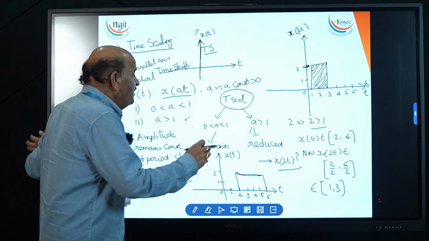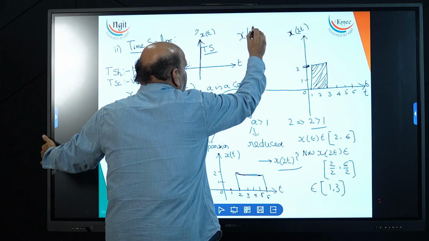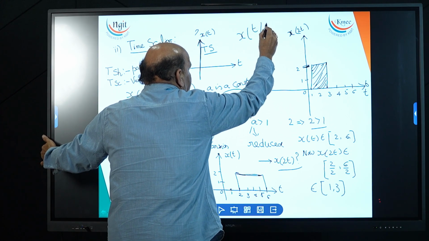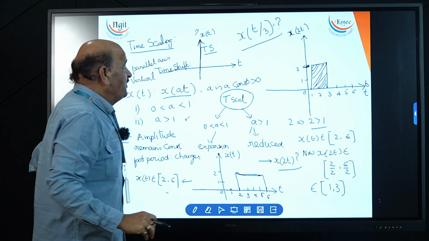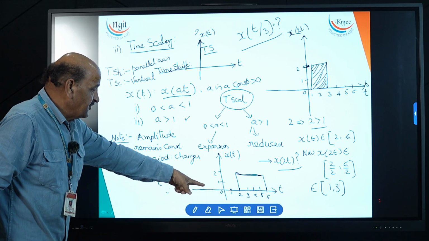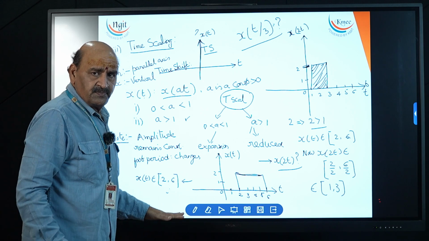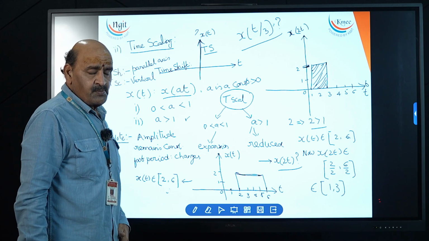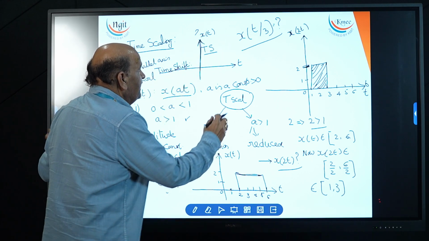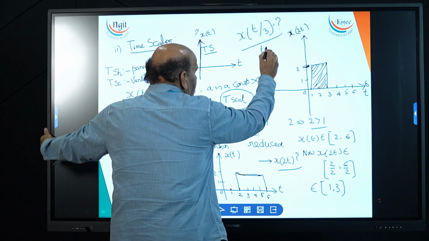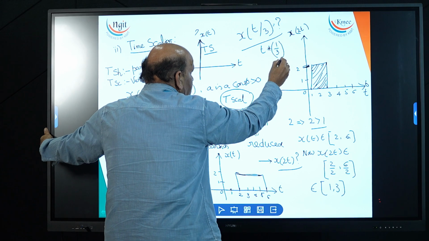Similarly, concentrating on this one, for example, what is the graph of the signal x of t by 3? What is x of t by 3 based upon this one? Now, just look at t by 3. t by 3 means what? t is multiplied by 1 by 3. 1 by 3 is a constant.